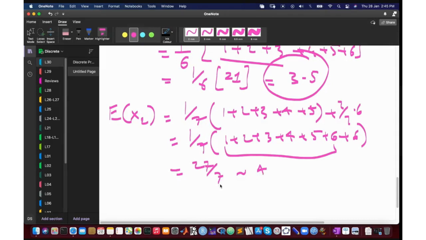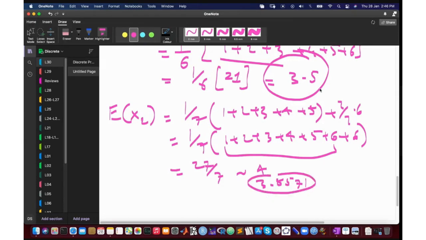What do you get? 3.8571... Okay, it's not ending. Maybe it's not even a rational number. Anyhow, so you get this thing now. Okay, अब जो आपकी expectation है it's 3.8 or something.